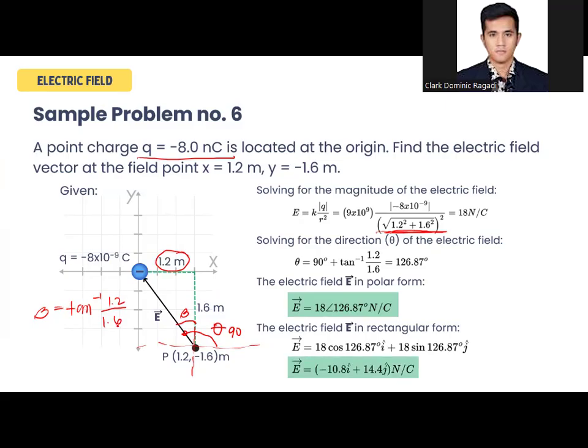That results in an electric field of negative 10.8 i hat plus 14.4 j hat newtons per coulomb. Depending on the problem, you can choose between these two answers: 18 angle 126.87 newtons per coulomb, or negative 10.8 i hat plus 14.4 j hat newtons per coulomb.